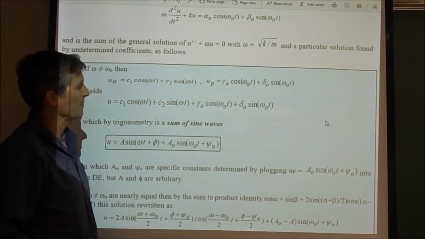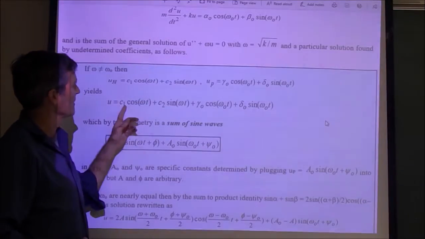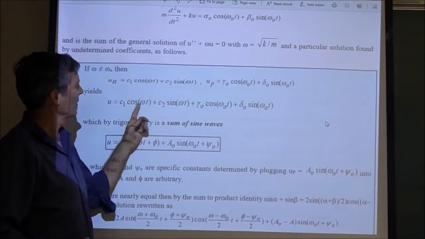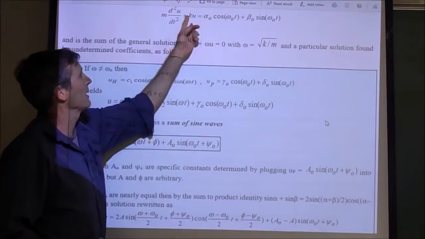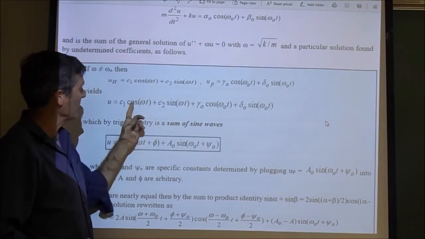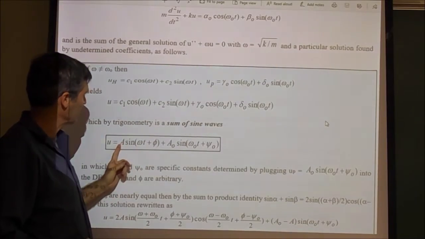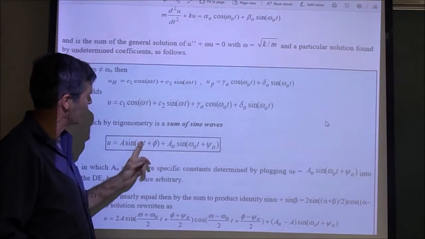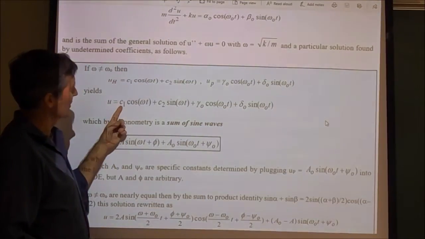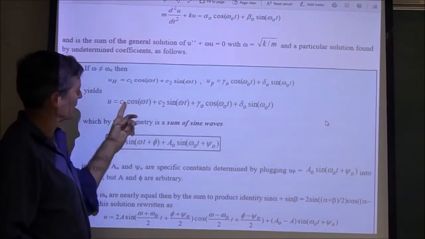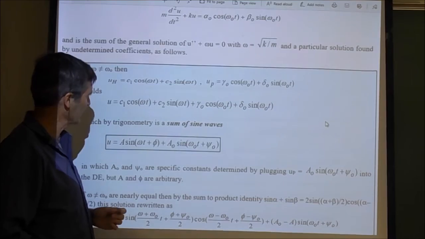Well, if you think about what we did before, here's a sum of two sine waves with the same angular frequency, omega equals the square root of k over m, coming out of the left side. They can be combined into a single sine wave, A sine of omega t plus phi. Remember, A, the square root of c1 squared plus c2 squared, is the amplitude of this wave when you add these.